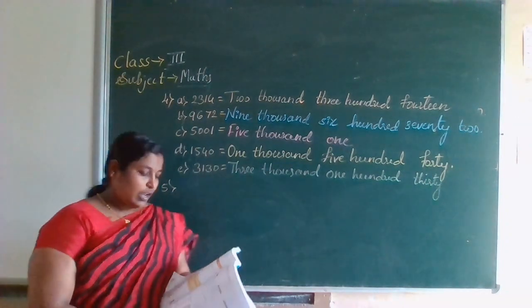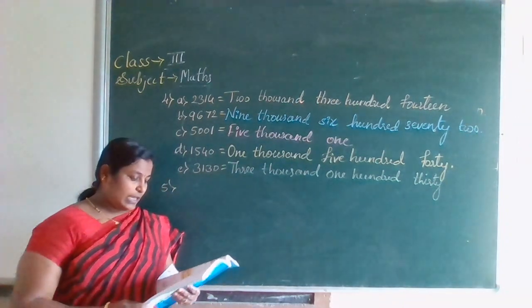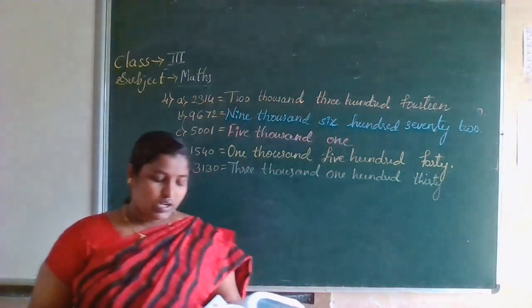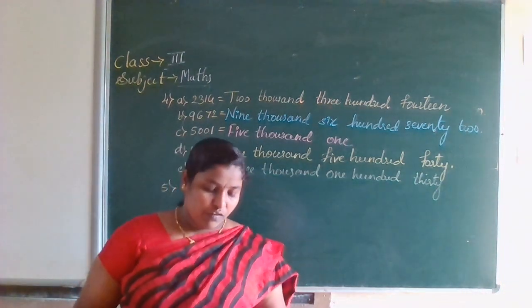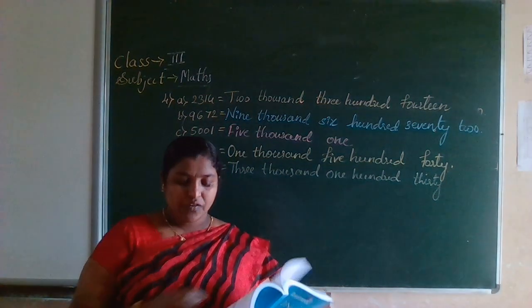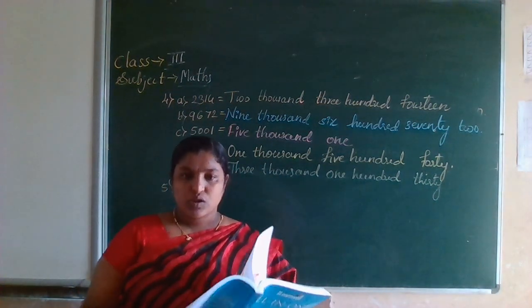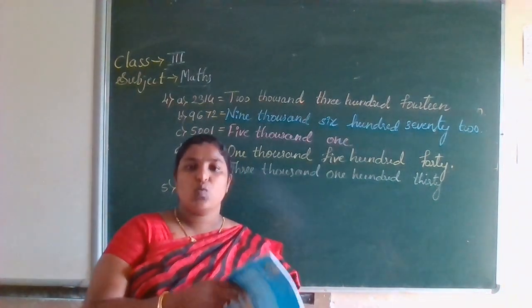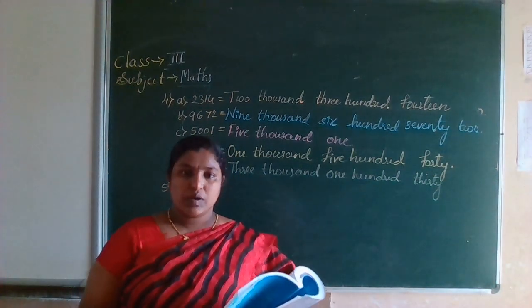Next, fill in the boxes with the missing digits. A: 5,348. In front of that, one box 1000, box 100, box tens, box ones are there. So which is ones? Ones place number you have to write.